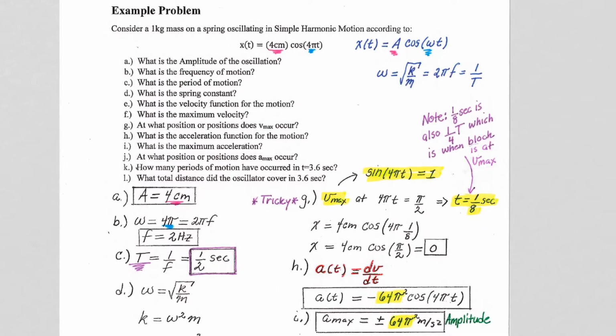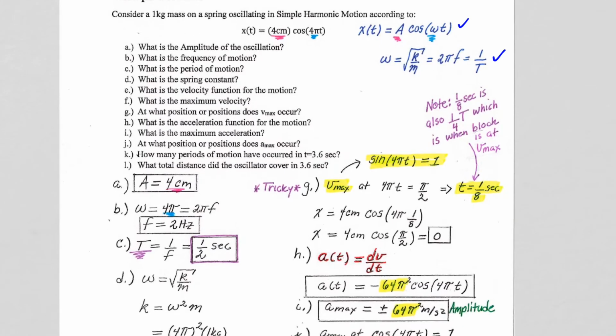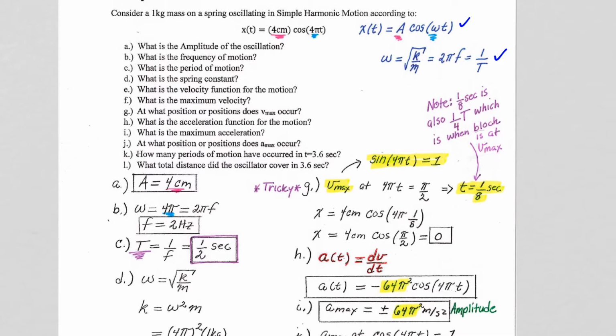As I said, we are going to write down the generalized form for the block oscillator immediately, if that's the system we're looking at. You can see right away we are basically given the answers to A, B, and C. Definitely given the answer to A: the amplitude of the oscillation was given as 4 centimeters.